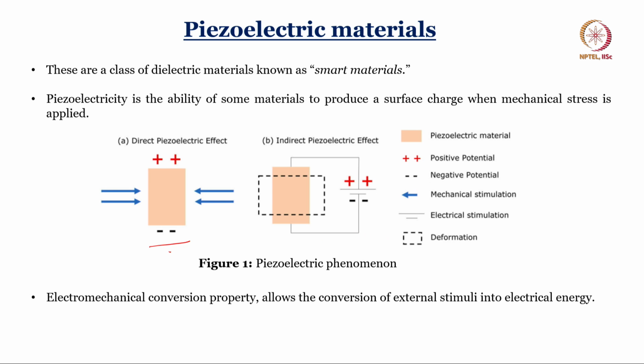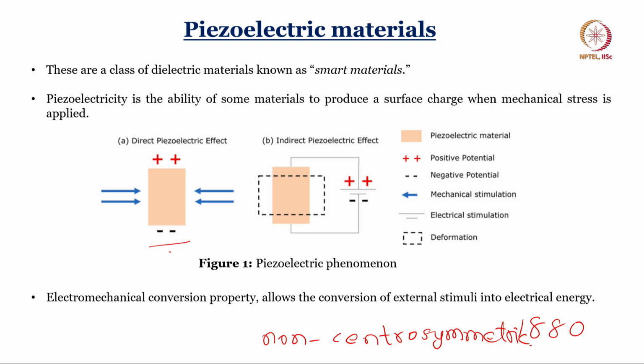This piezoelectricity was first discovered by two scientists, Jacques and Pierre Curie, in 1880 when they were working with quartz crystal. These piezoelectric materials have a non-centrosymmetric structure, because of which they are able to show the piezoelectric property.